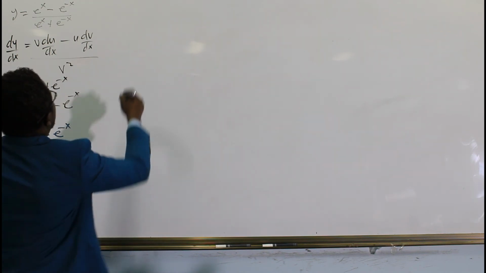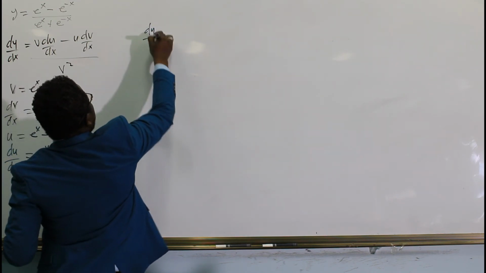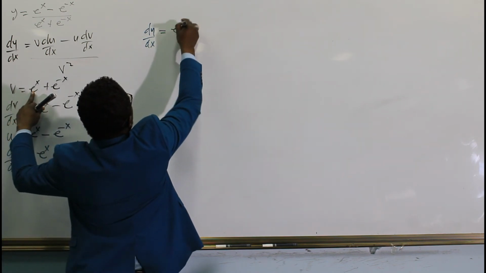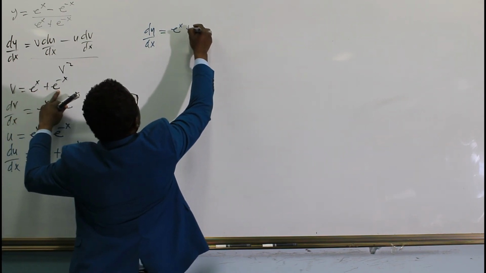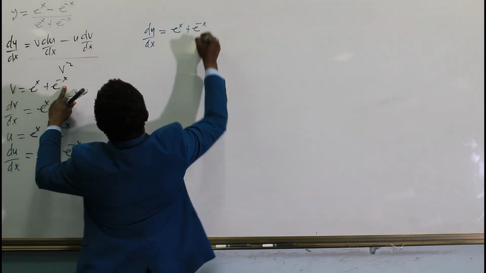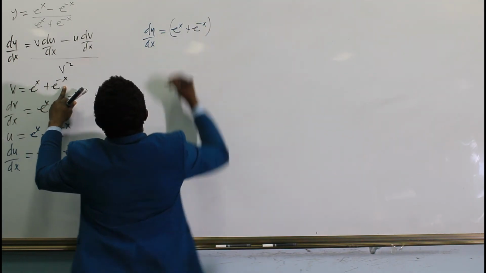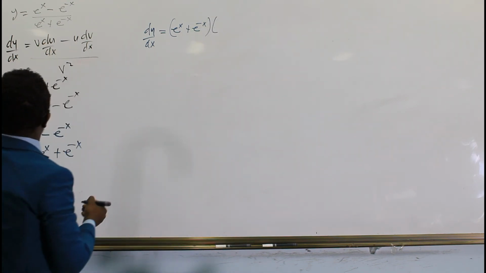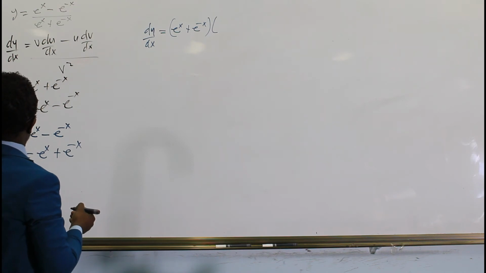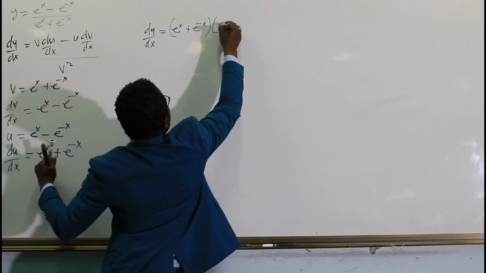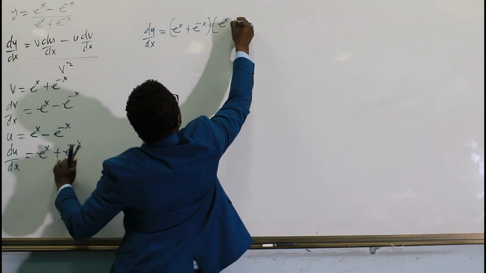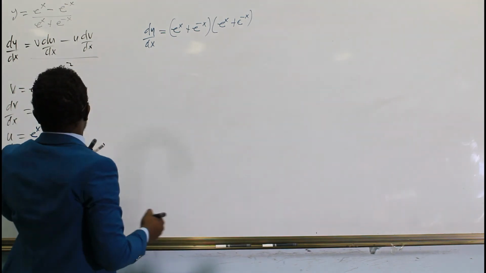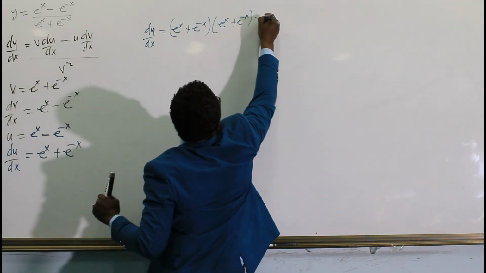So to do that, we say that dy/dx is now equal to v, which is e^x plus e^(-x), and we are going to multiply that by du/dx, which is e^x plus e^(-x). Minus sign is there.